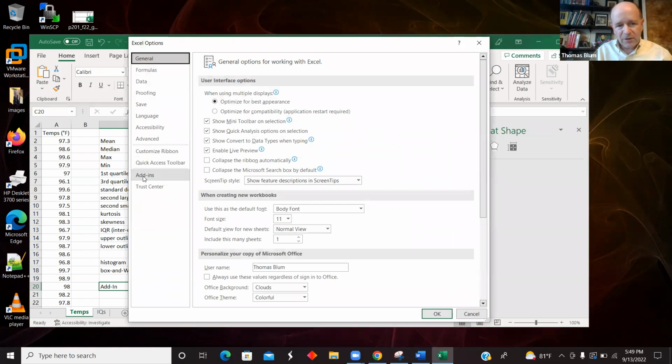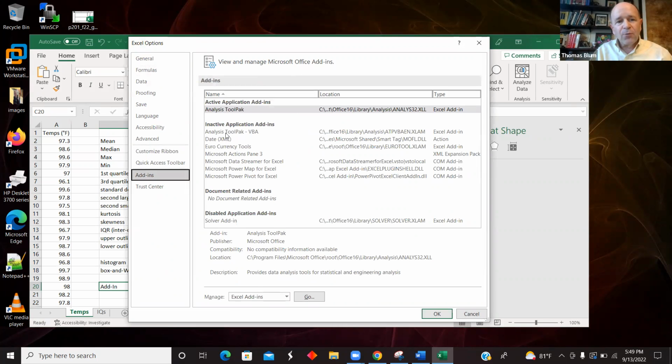Then Add-ins, and I want the Analysis ToolPak, which is already up here. I think I already have it chosen. It's already active, but it would be down here if it were inactive. But let me go through the steps anyway.